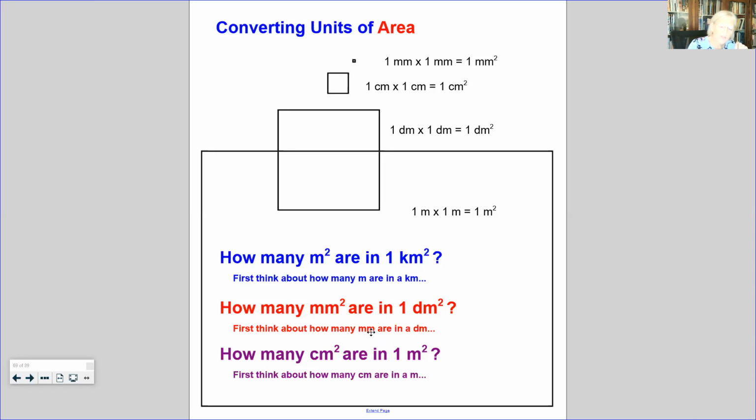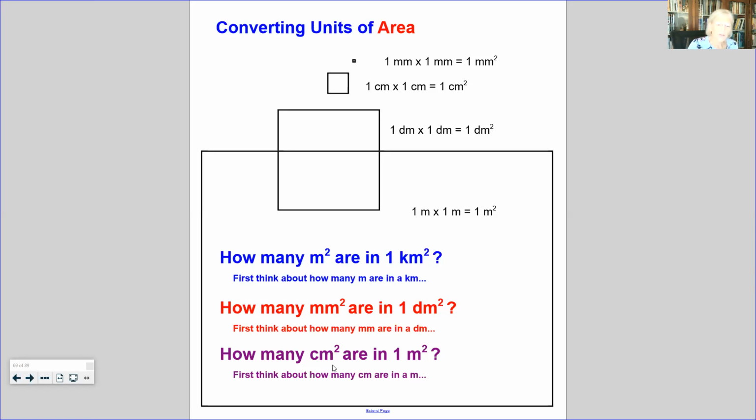If there are 10 millimeters in every centimeter and 10 centimeters in a decimeter, there would be 100 millimeters in a decimeter. Now, if you square that, 100 squared is 1 times 10 to the 4th millimeters squared in a decimeter squared. I'm trying to show you that to do the 2 dimensions, I think 1 dimension first.